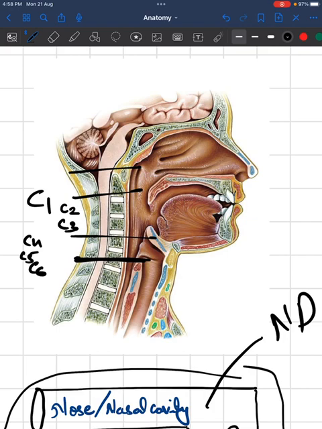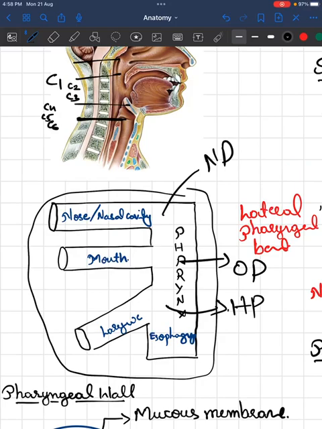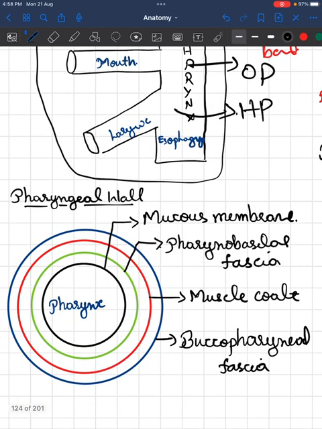Now we can see the schematic diagram of the pharynx. Now we will start to learn about the pharyngeal wall. The pharyngeal wall is a musculofascial tube.